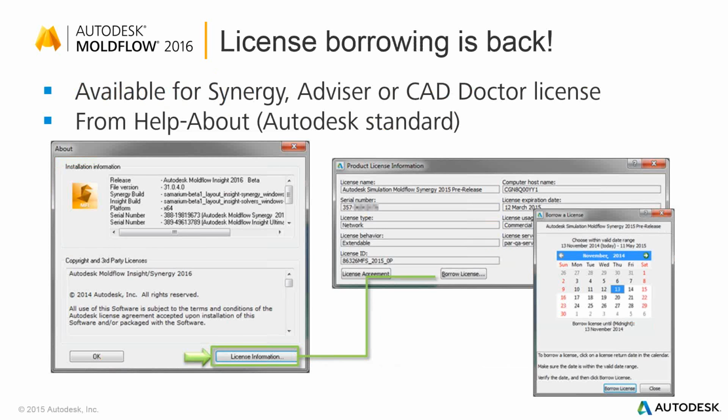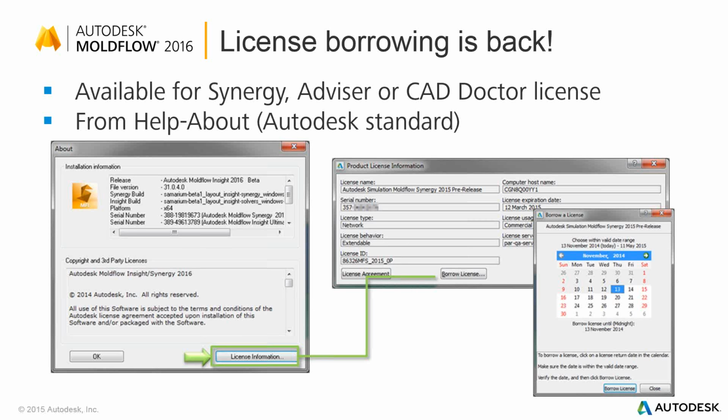Another thing that we introduced this year that's been highly requested, I know you guys travel a lot, is the ability to borrow a license. So if you have Synergy, Advisor, CAD Doctor on your machine, and you want to, let's say, travel to customers in China, you need to bring your product with you, you can go to the Help About box, hit the check license information, and over here you can actually start looking at borrowing that license for a period of time.